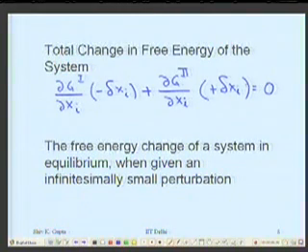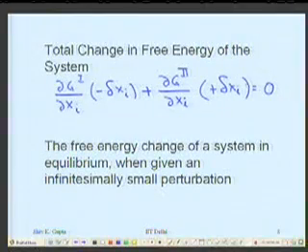And what does it give us then? It gives us that the rate of change of free energy of phase 1 with reference to the ith component is the same as the rate of change of free energy of phase 2 with reference to the same component. This derivative must be equal to this derivative.